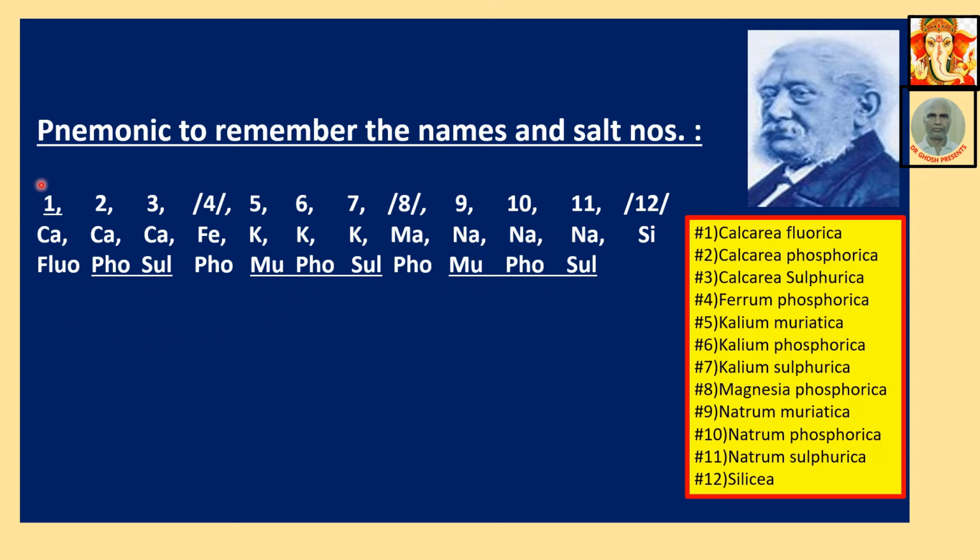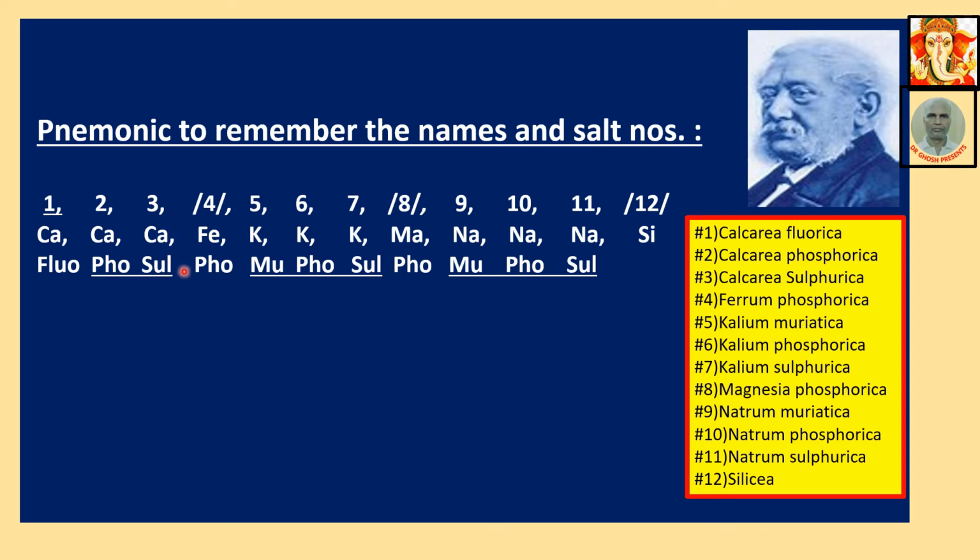The first one has fluoricum. Fluoricum is exceptional. It occurs only once. In other cases, it is either phosphorus or sulfur or muriaticum. You see this: calcarea phos, calcarea sulf, and 4th and 8th are always phos, ferrum phos, mag phos, and 12 has no anionic portion, only silicea.